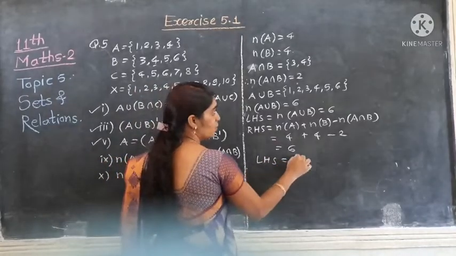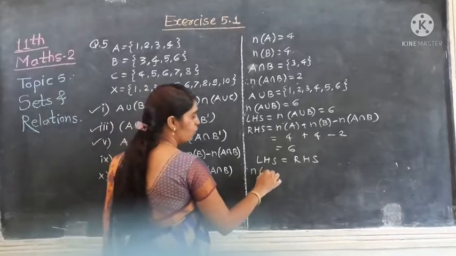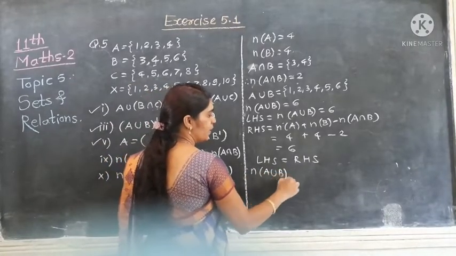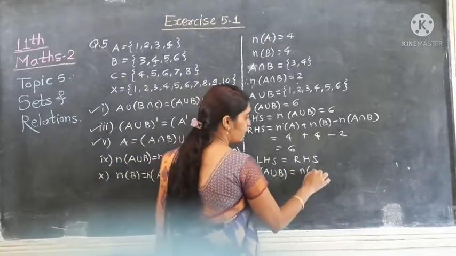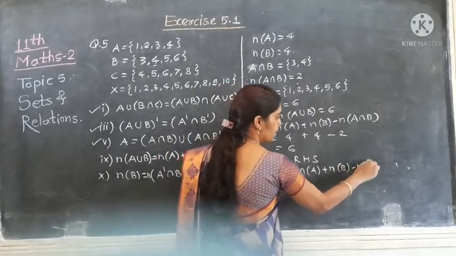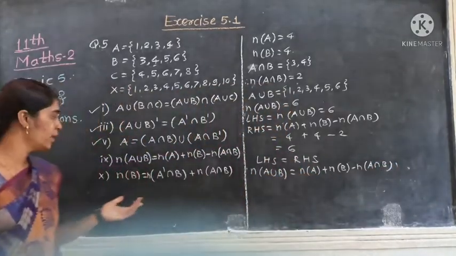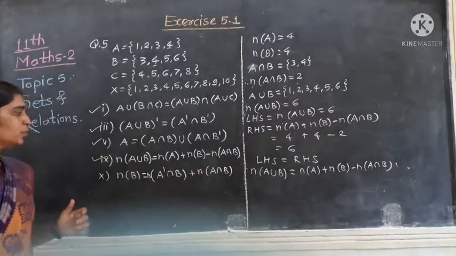LHS is equal to RHS. That is, we get n of A union B is equal to n of A plus n of B minus n of A intersection B. Okay, hence we completed this also.